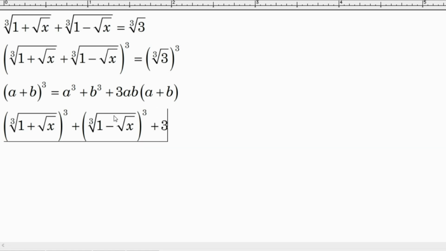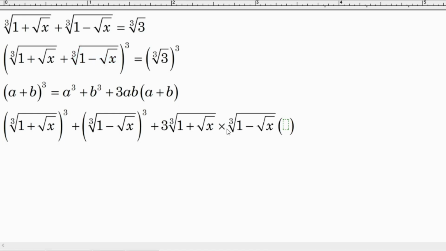So 3ab means 3 times this factor, and then times b. b is this term, and then a plus b. So a plus b, which is here, a plus b, is equal to cube root of 3.